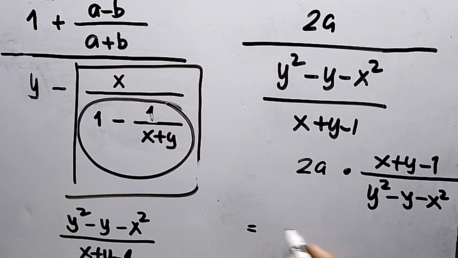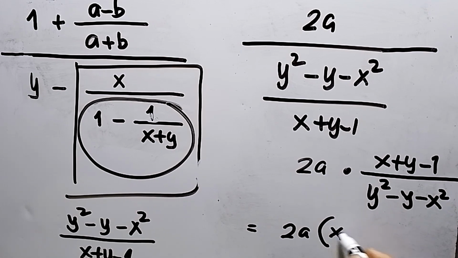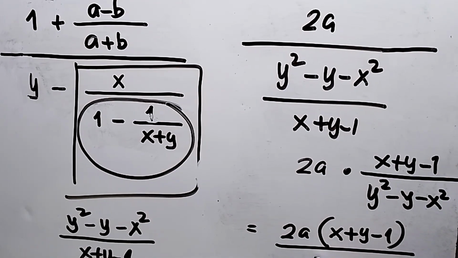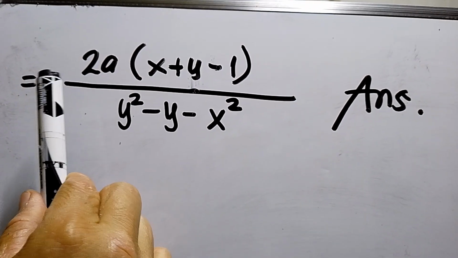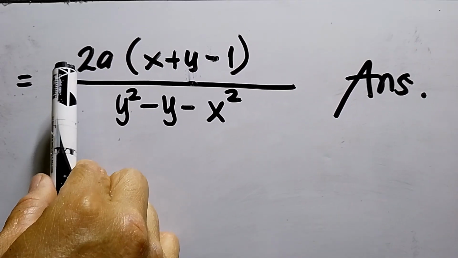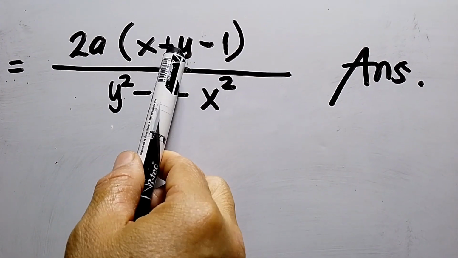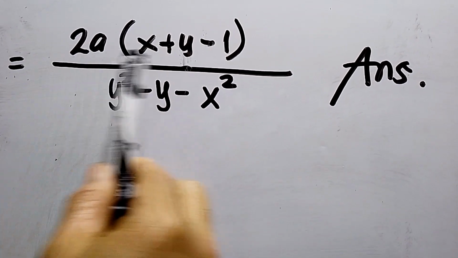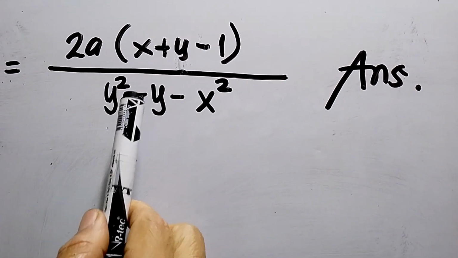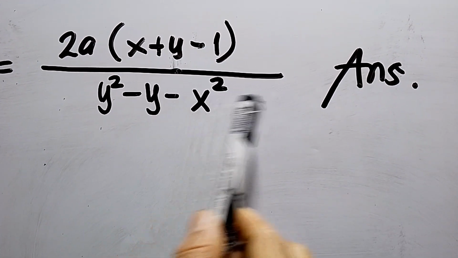So therefore, my final answer for my numerator is 2a times round brackets x plus y minus 1 all over y squared minus y minus x squared. That's all.